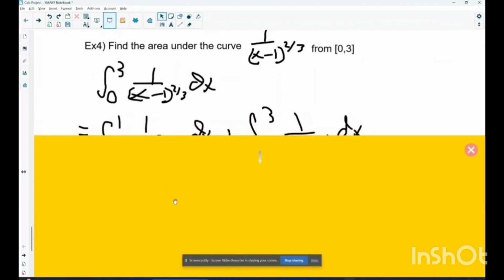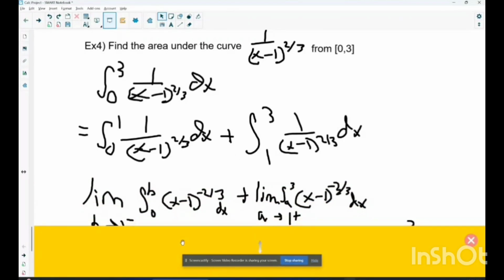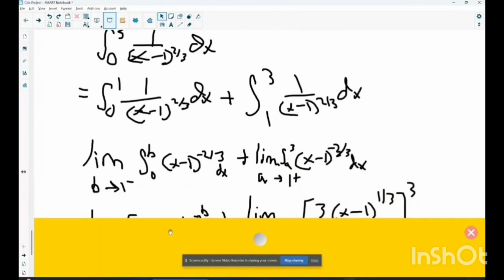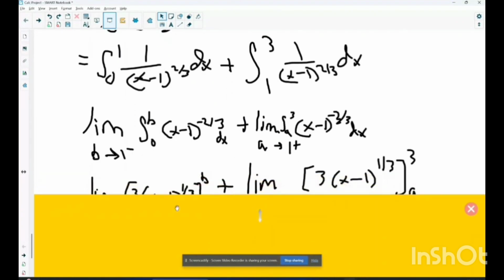So pretty much split it apart. You take the integral from 0 to 1 since it's going to be discontinuous at 1. Then you take the integral from 1 to 3. You take the limit as b approaches 1 from the left for here, and as a approaches 1 from the right on here.